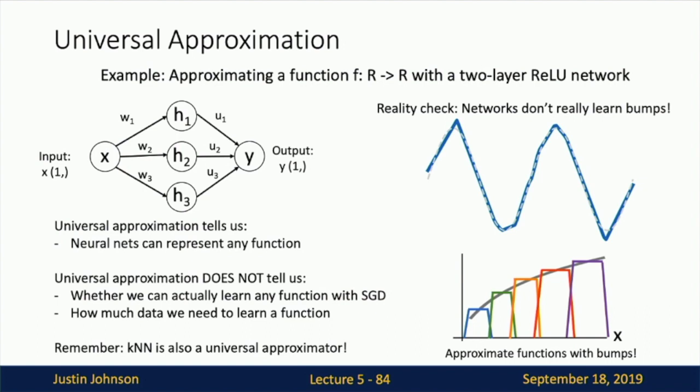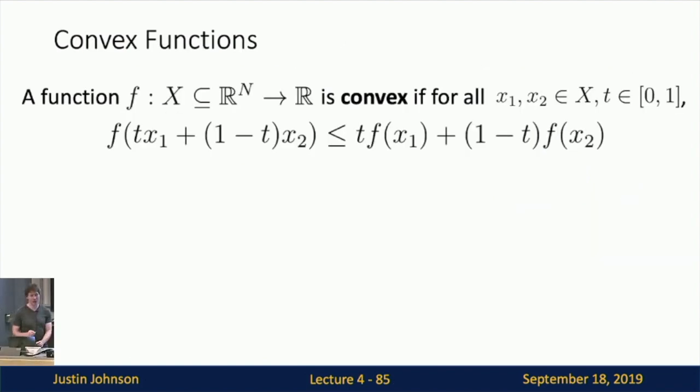So one question you might ask is, how can we know whether neural networks or other types of machine learning models will actually converge to solutions that are useful, or to globally optimal solutions? One type of mathematical tool that we often use in optimization to talk about notions of optimality and convergence of optimization problems is the notion of a convex function.